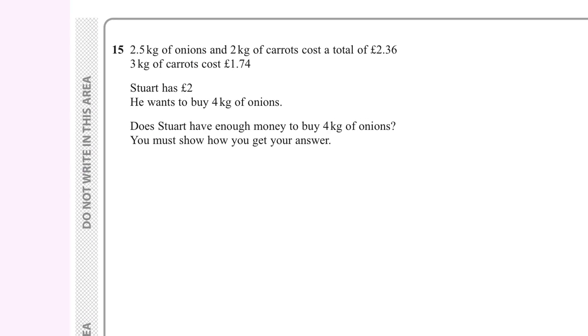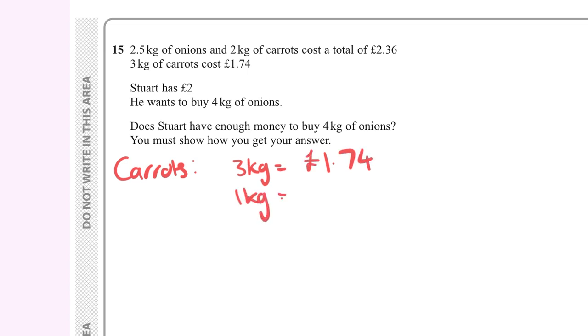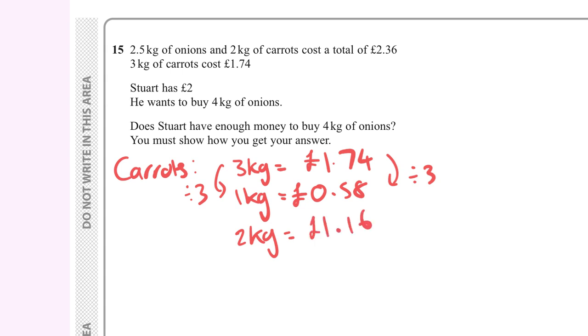Okay, let's start with the carrots. So I'm just going to write carrots. If 3 kilograms equals £1.74, so for 1 kilogram, we need to divide that by 3. £0.58 or 58 pence. So therefore 2 kilograms, I'm going to double that. £1.16.